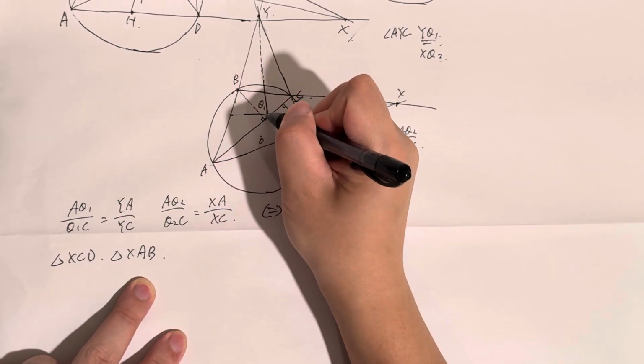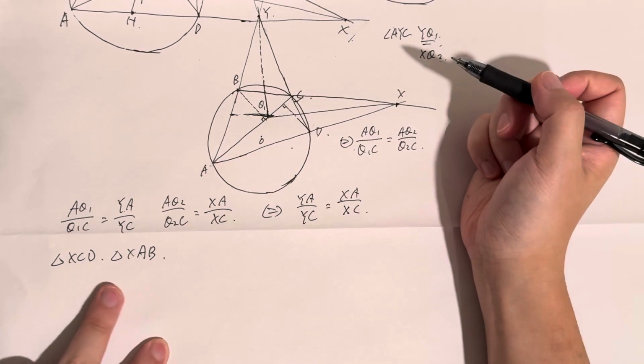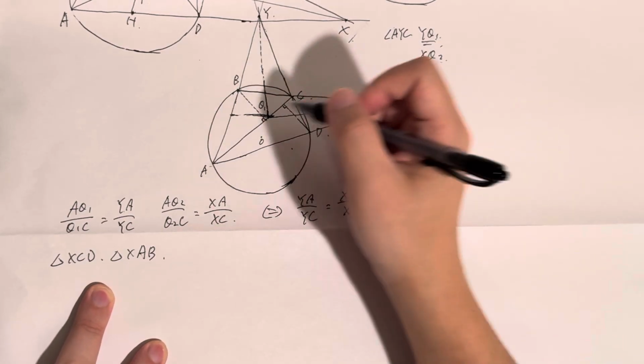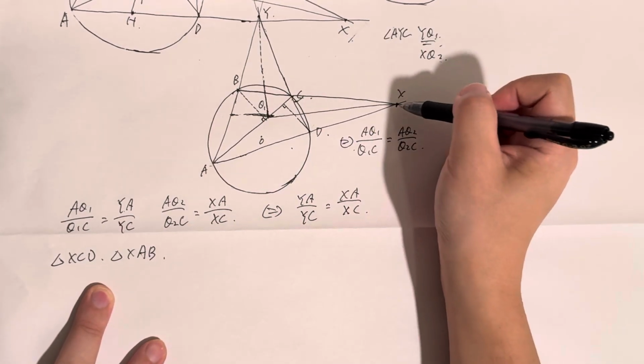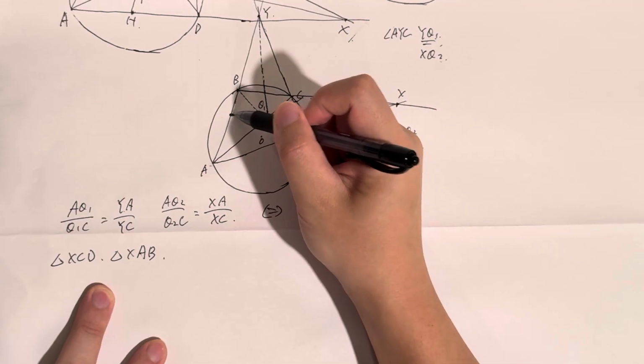I guess I need to extend this a little bit. So let's just extend the XO2 to here, right?